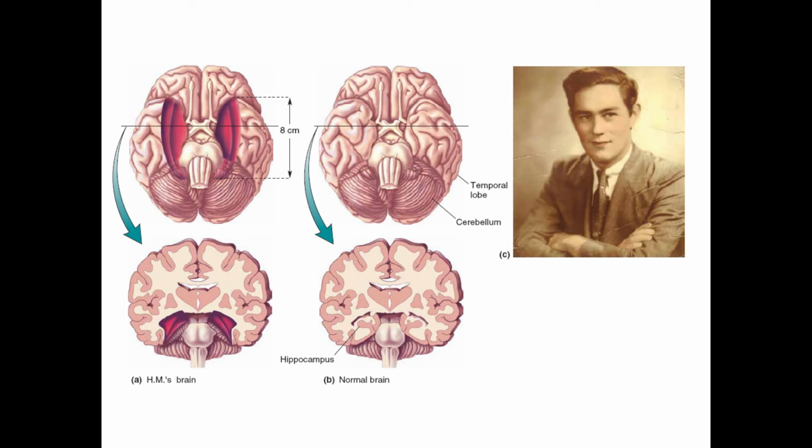Even though he wasn't able to remember new declarative memories, he couldn't remember who a person was or what he was doing last week, anyway, he was able to remember some other kinds of memories, which we now call non-declarative memory. And this is important because it tells us that those two memories require different pathways, different brain regions to be created and to be remembered.